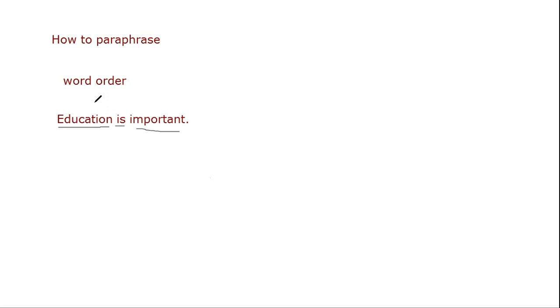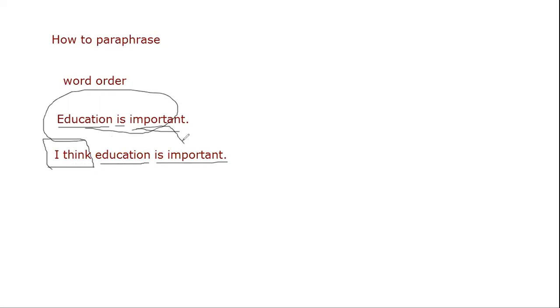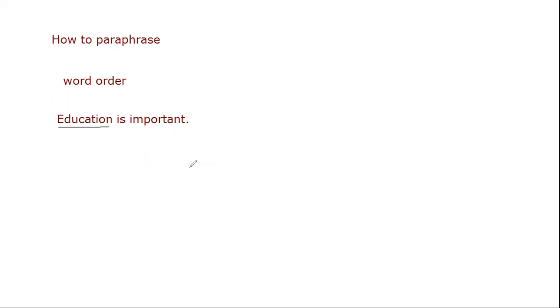For example, I think education is important. Now you put I think first, education in the middle, and is important at the end. So you change the position of the words by changing the word order, but it's still, education is important.